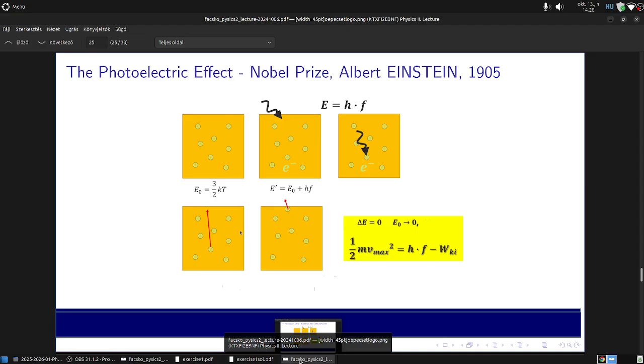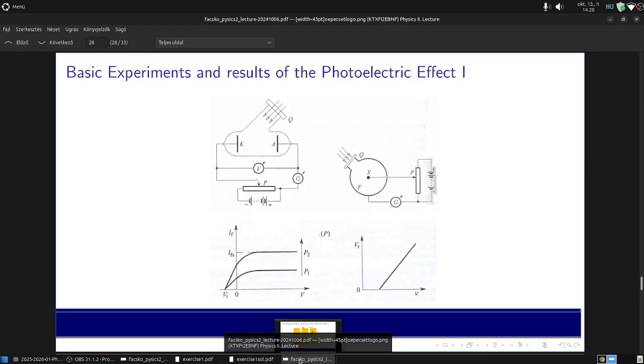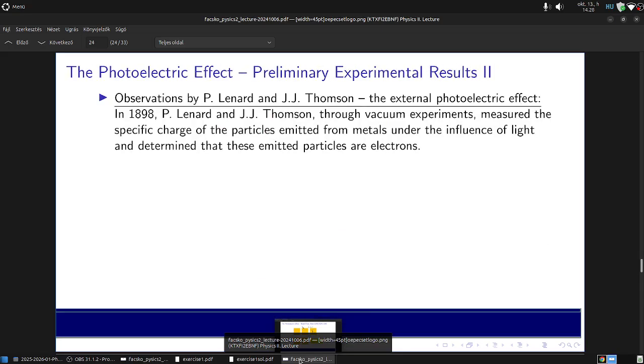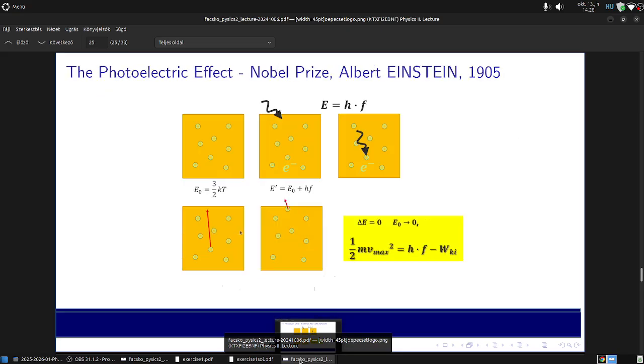The other part: what is the wavelength of this radiation? Doesn't matter. This was the A. B is quite simple also.